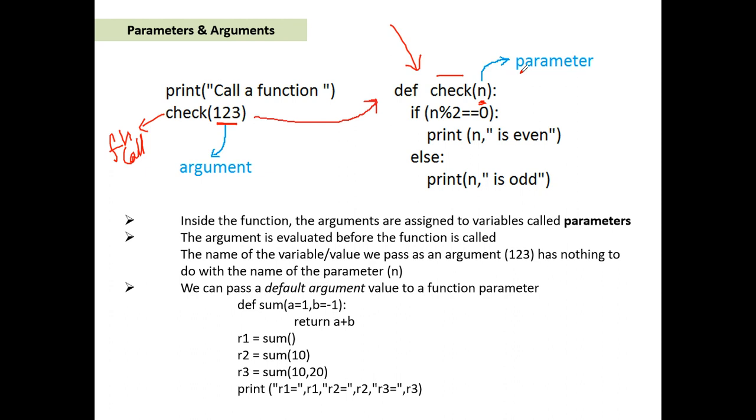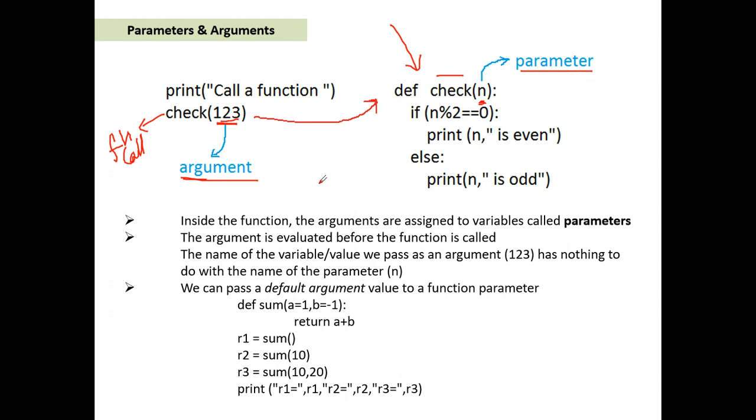Now at this call, when we are calling the function, the value that is passed in is termed an argument. This argument is going to be stored in a variable given inside this parenthesis, and that variable is termed a parameter.